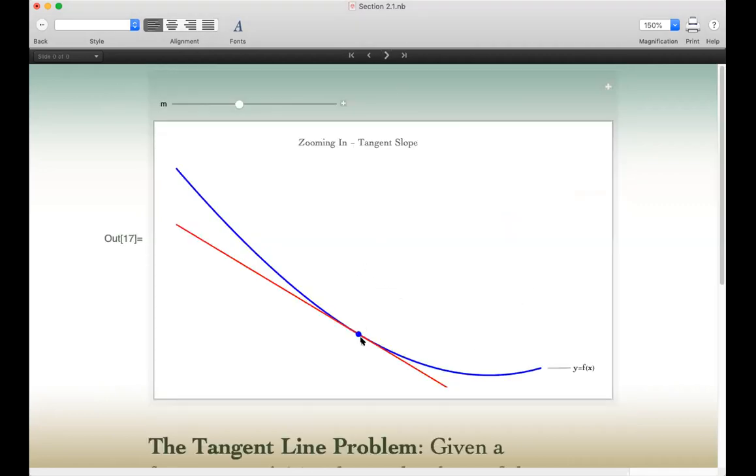So here we are kind of in close, and I've got that same line drawn there, and it's tangent in the following sense. If I perturb the slope of this line at all, so right now the red line is touching the blue curve only at that blue dot. If I make that slope even slightly bigger, I introduce a second intersection point. By making the slope bigger, the intersection point ended up over here on the right.